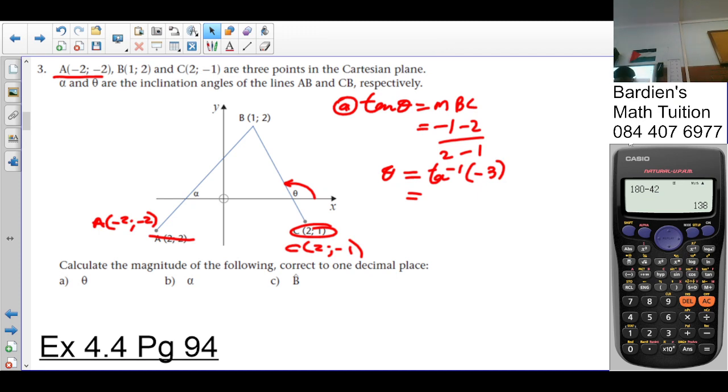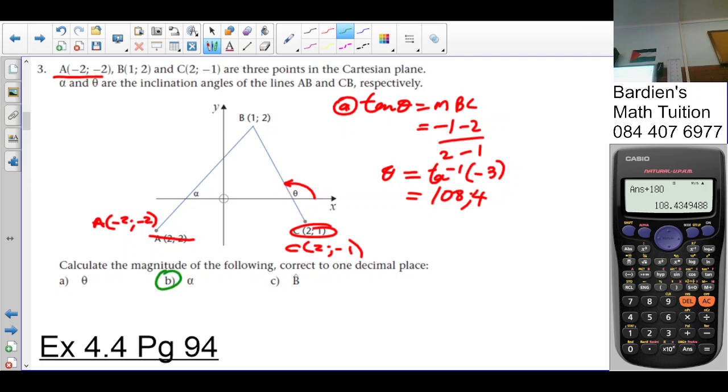Shift tan of negative 3. We do negative 71,56 and add 180 to it. Gives me 108. Is that the answer they have there? 108,4. Okay, let's look at B.